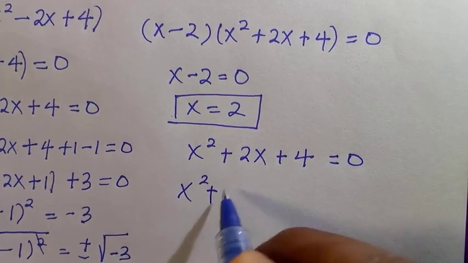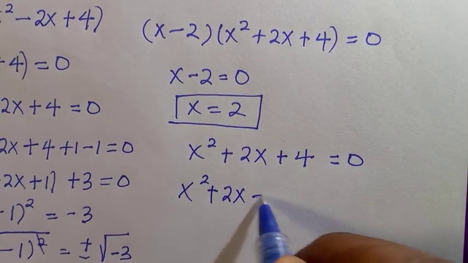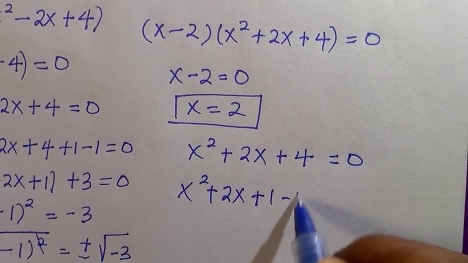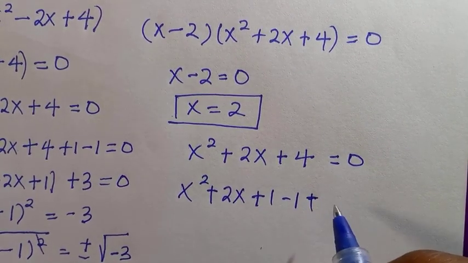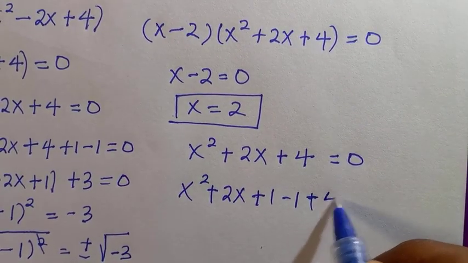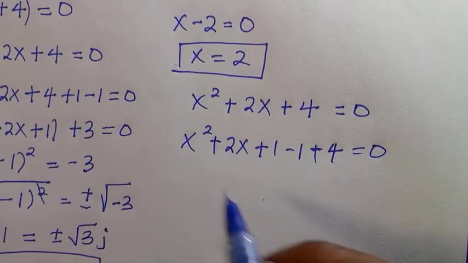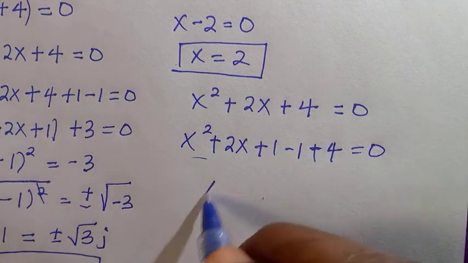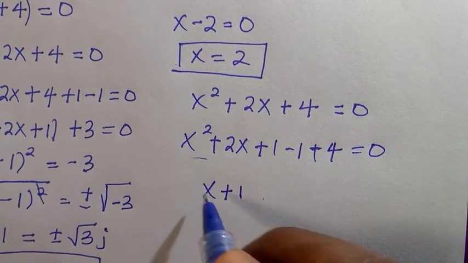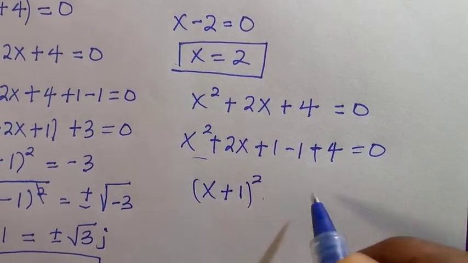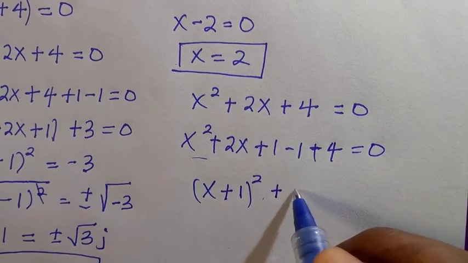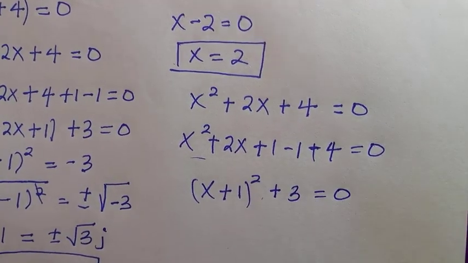So we have x squared plus 2x plus 4 plus 1 minus 1 plus 4 equals 0. And if I combine the first three together, which is (x plus 1) all raised to power of 2 plus 3 equals 0.